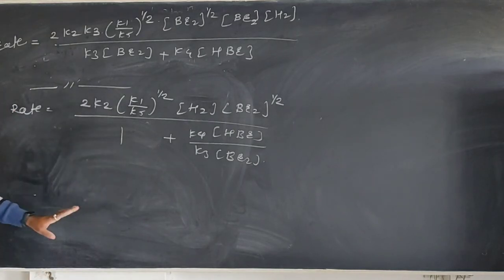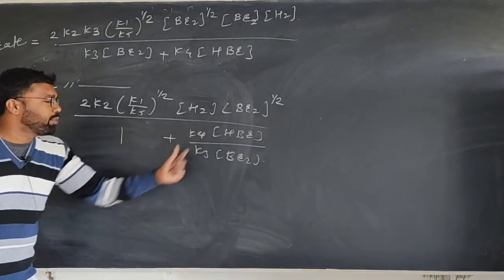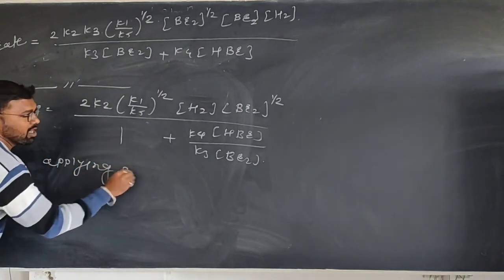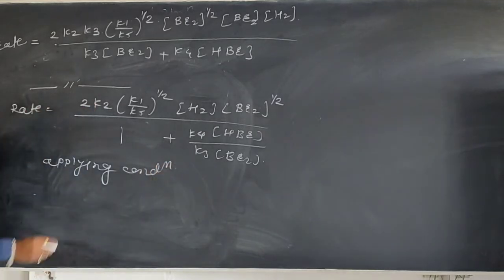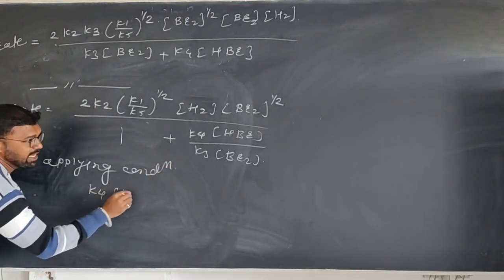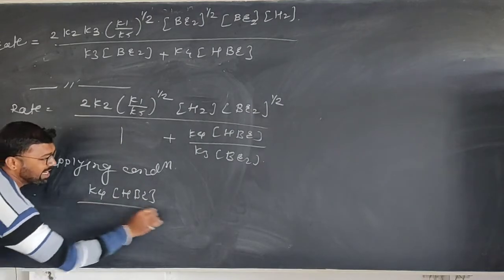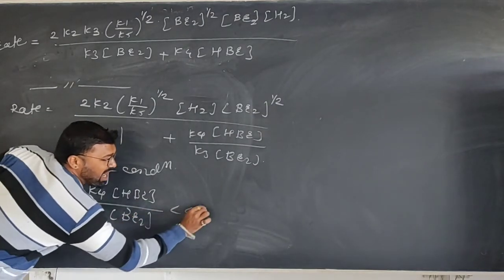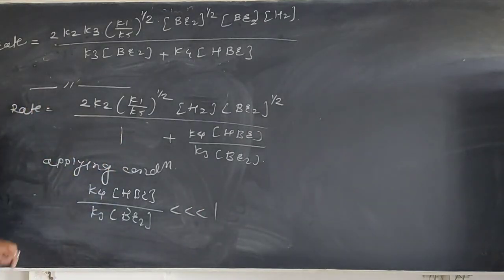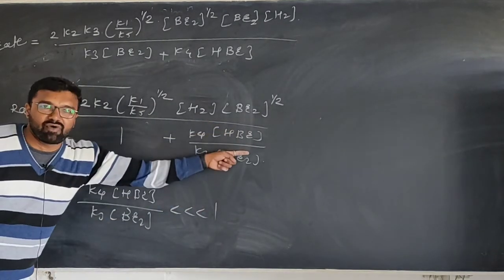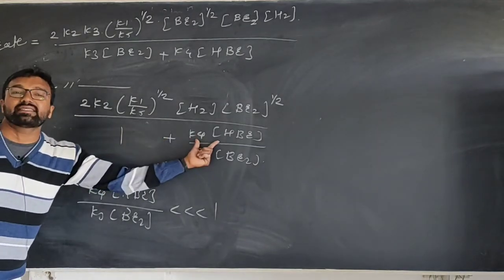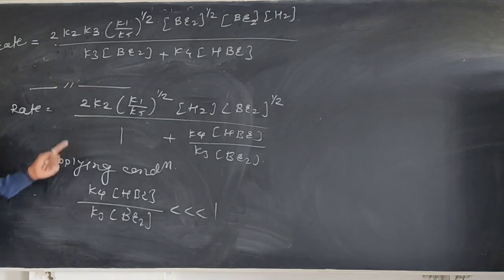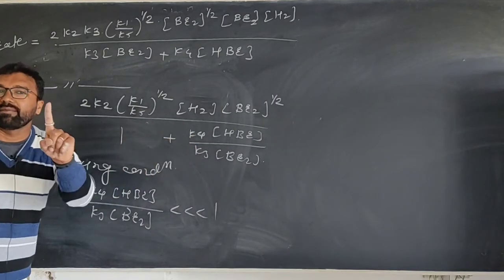So apply the condition here. Which condition? Applying condition: K4 into HBr divided by K3 into Br2 is far less than 1, right? If this value is less than 1, then 1 plus that very small value is approximately equal to 1, and your denominator becomes equal to 1.